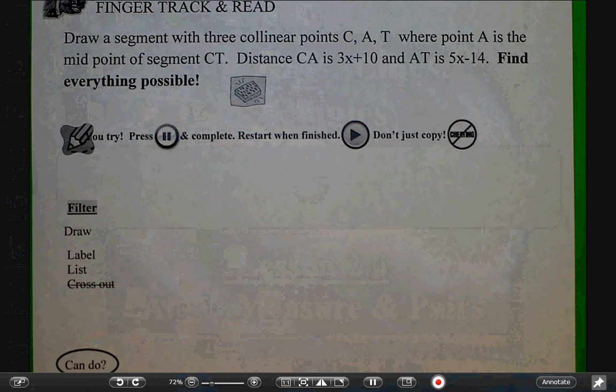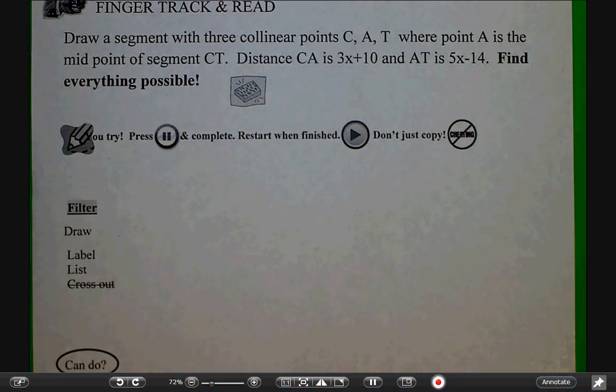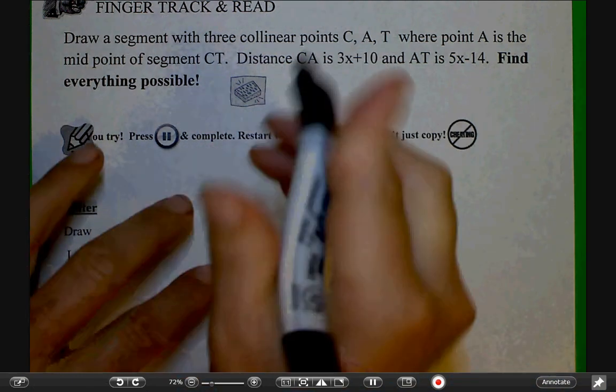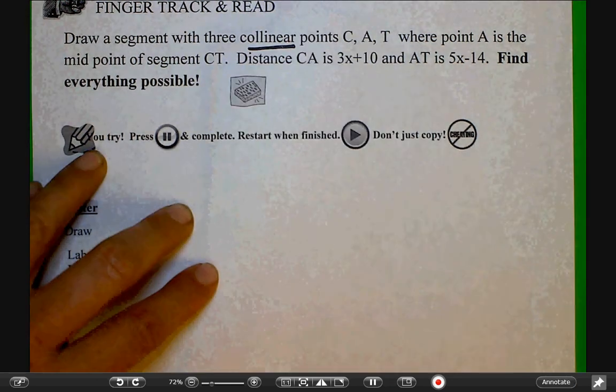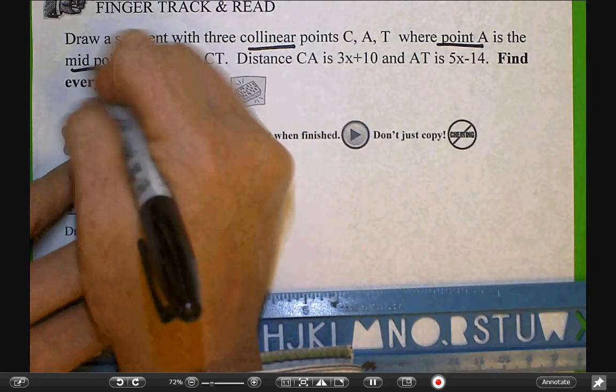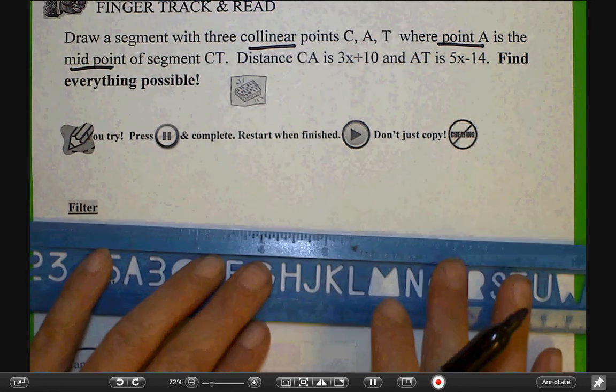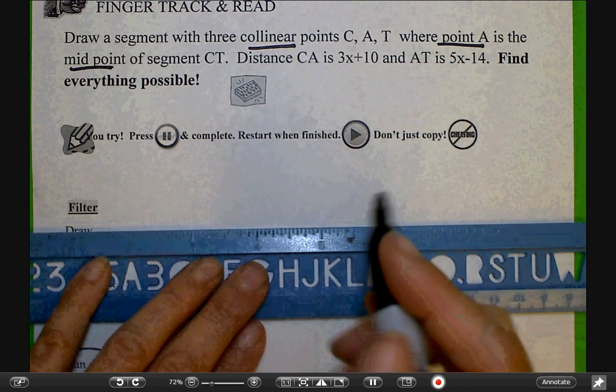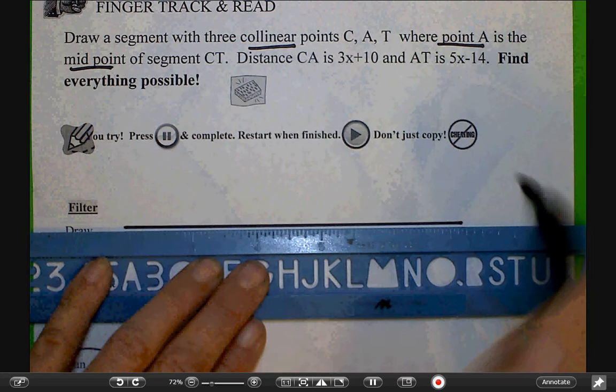Okay, welcome back. Let's see how you did. So we have here 3 collinear points, CAT, where point A is the midpoint. So you should have drawn something that looks like so.